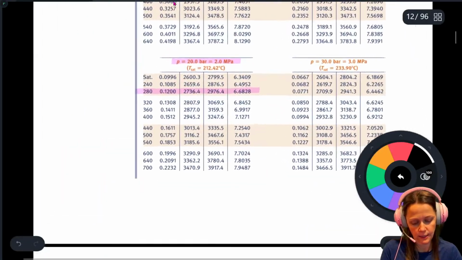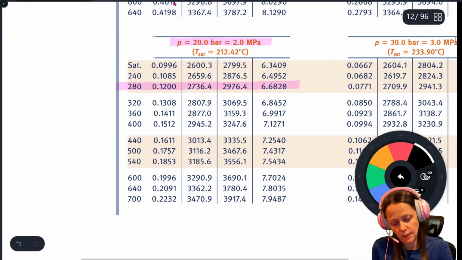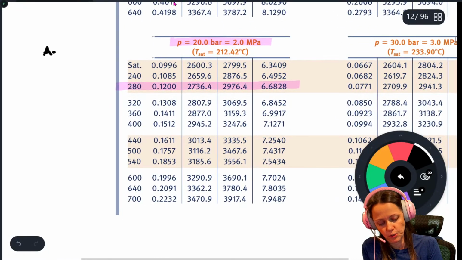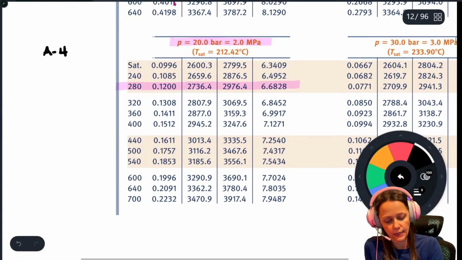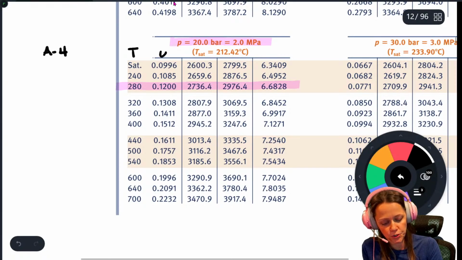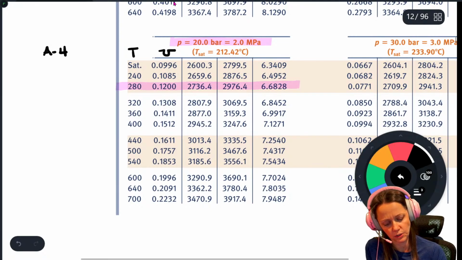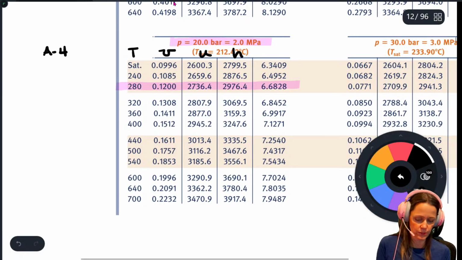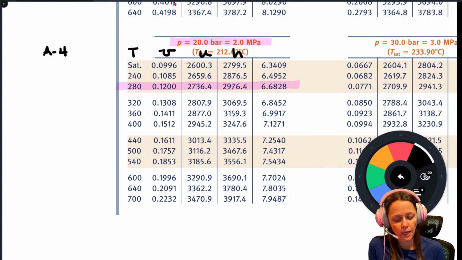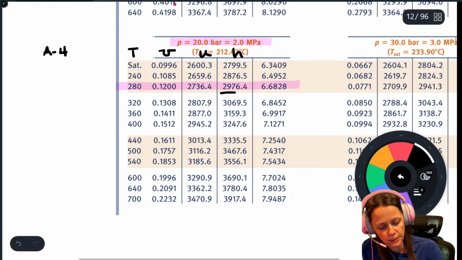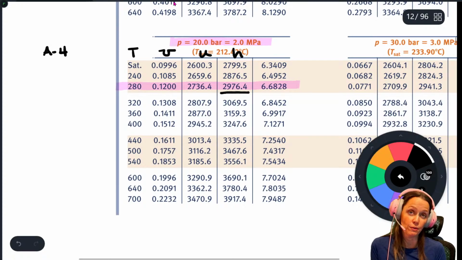I just want to zoom in so we can actually see it. This column is temperature, this column is specific volume, this is internal energy, apologies, and this is enthalpy. And then the last one is something we haven't talked about yet. So you can see here's my h1, 2976.4.